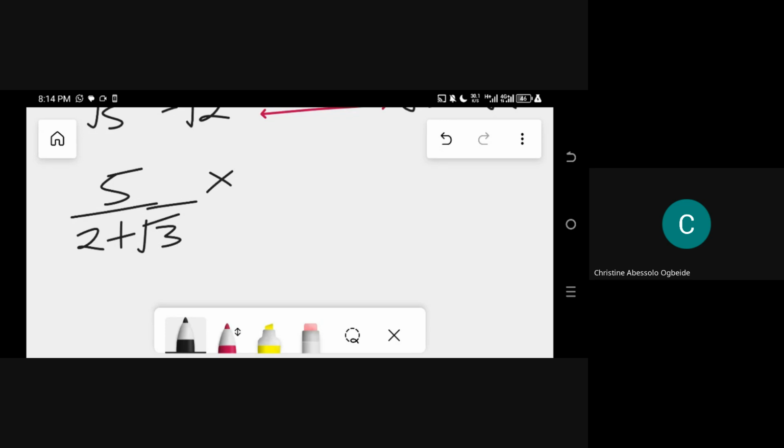So we're multiplying with 2 minus root 3 over 2 minus root 3, because the conjugate of that denominator is 2 minus root 3. We have 2 plus root 3, so the conjugate will be 2 minus root 3, and it is that conjugate we will use to multiply the top and the bottom. Do you guys understand?